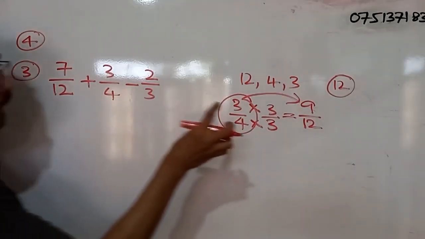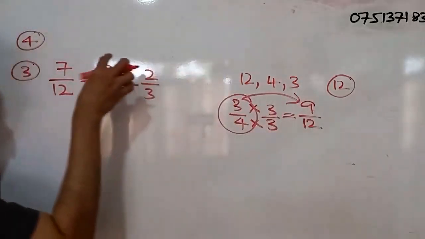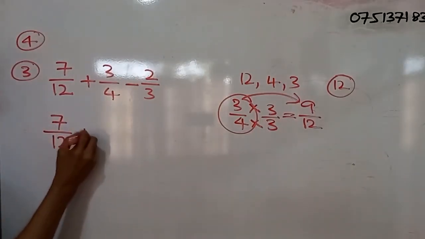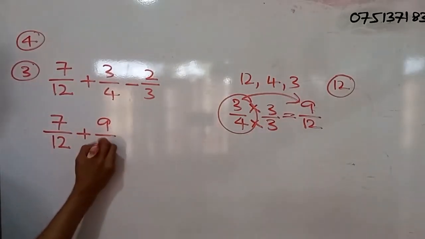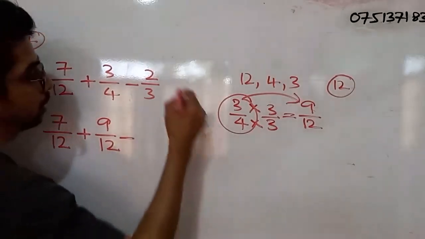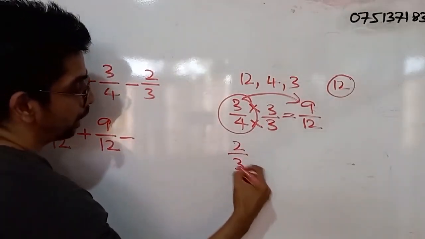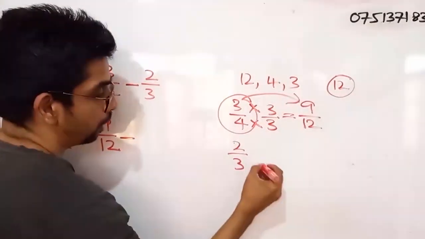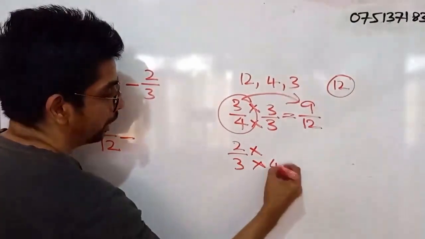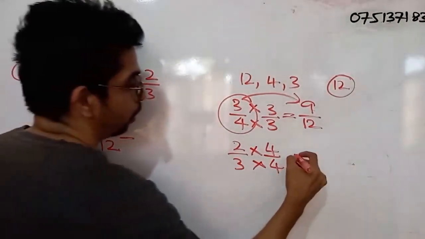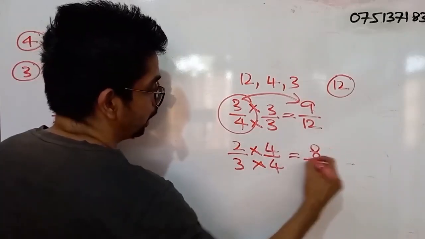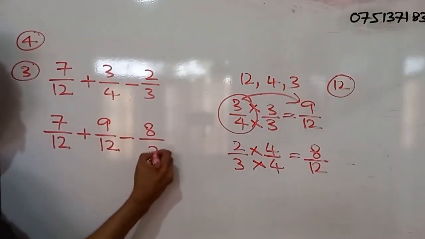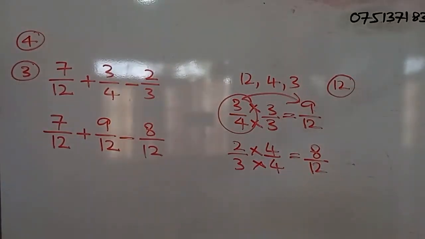So I can use 9 by 12 instead of 3 by 4. So 7 by 12 plus 9 by 12 minus 2 by 3. I need to convert this 3 into a 12, so I have to multiply the denominator and the numerator by 4. So 2 times 4 that is 8, 3 times 4 that is 12. So here I get 8 by 12.